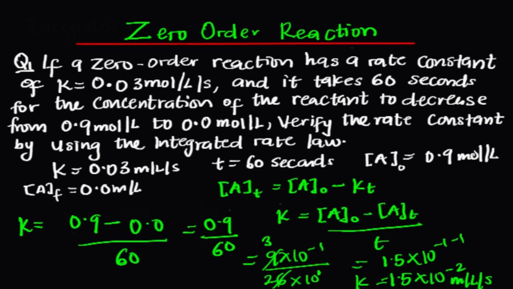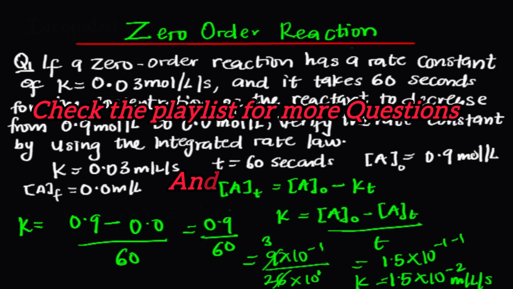So we cannot just conclude that it doesn't obey a zero order reaction, right? We can only say there is inconsistency or a mistake with the concentration of the reactant, and that's just it. So let's move to another question.